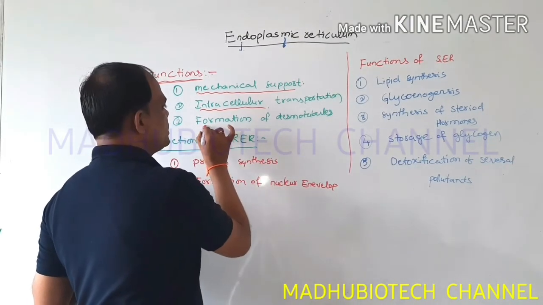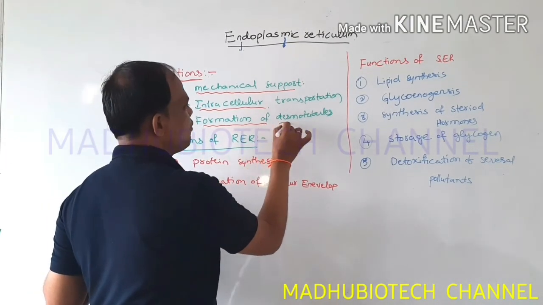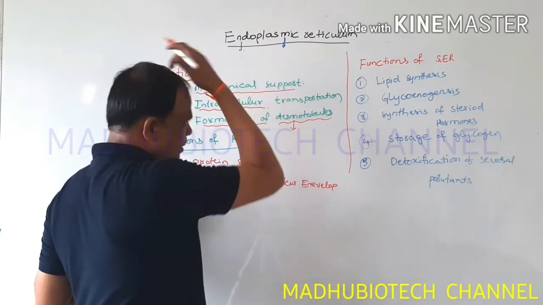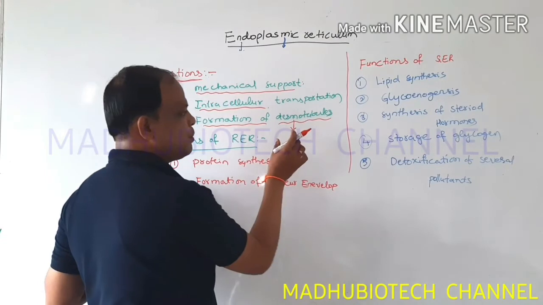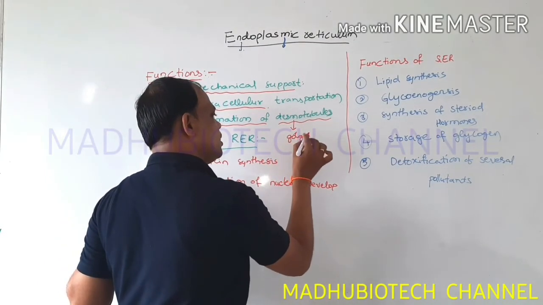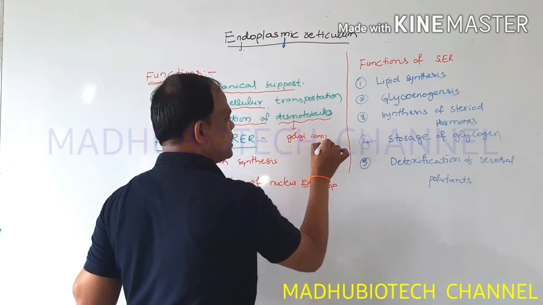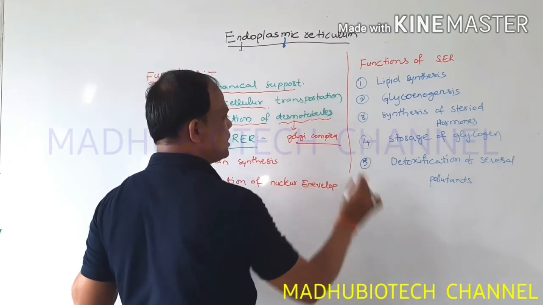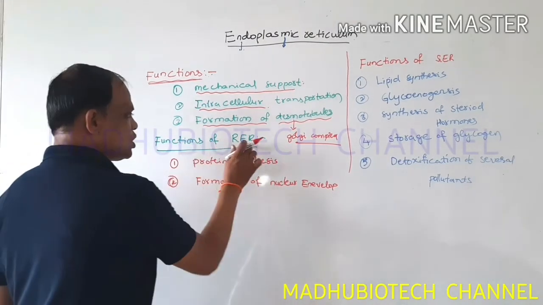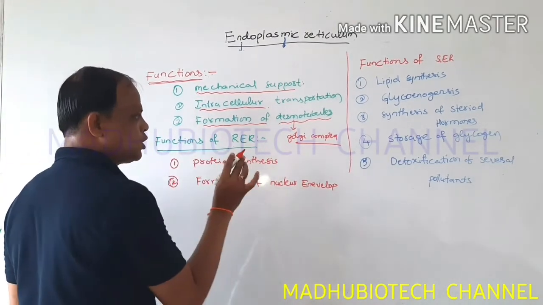It is also useful for the formation of desmotubules, which is useful for spermatophytic cells, and for the synthesis of the Golgi complex. Now the functions of rough endoplasmic reticulum.